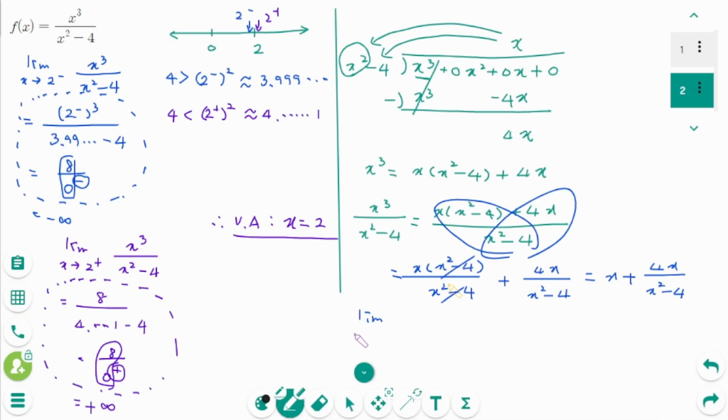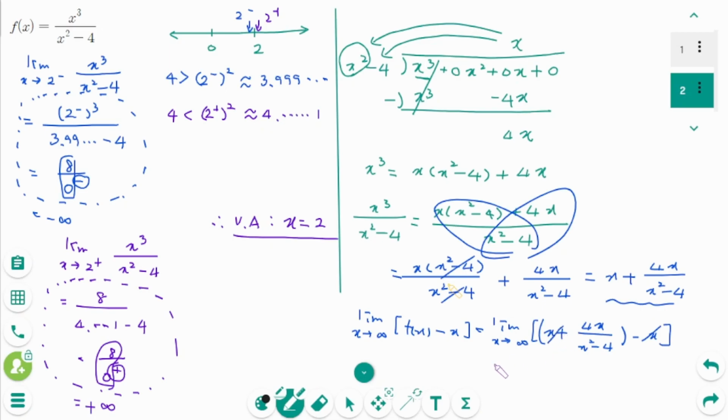Limit as x approaches infinity of f of x minus x, we can rewrite as limit as x approaches infinity of f of x, which is x plus 4x over x squared minus 4, minus x.